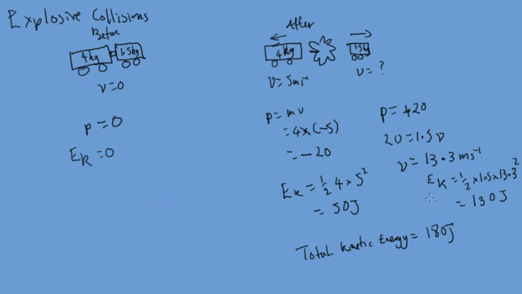In that situation, you will have energy stored in the spring in the form of potential energy, and that's then transferred into kinetic energy. Similarly, if you had an explosion, you've got chemical energy stored that is then turned into kinetic energy.